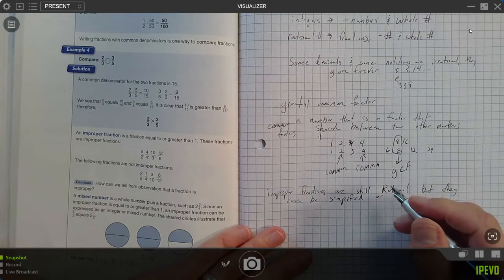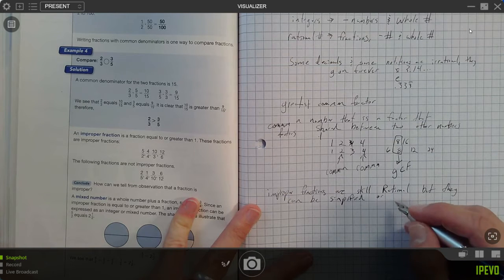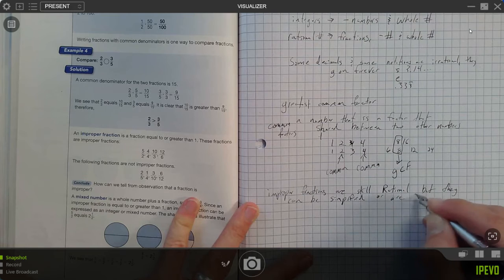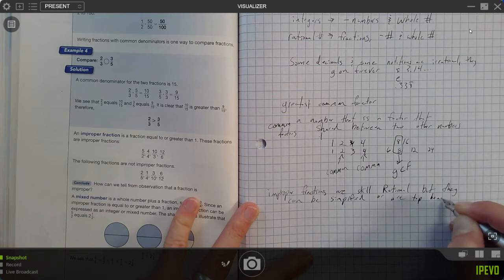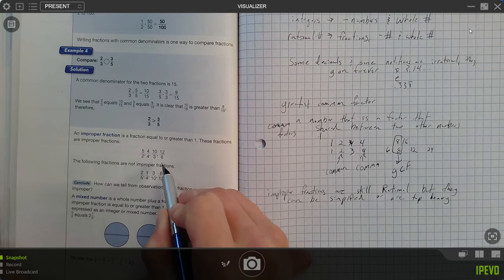I would say they are top-heavy. That's how I like to describe them, because the top is bigger than or equal to the bottom.